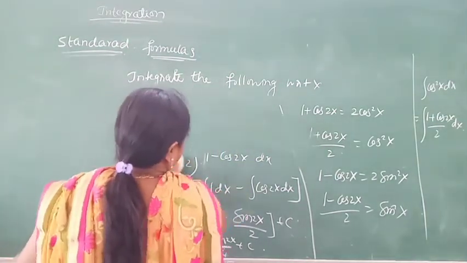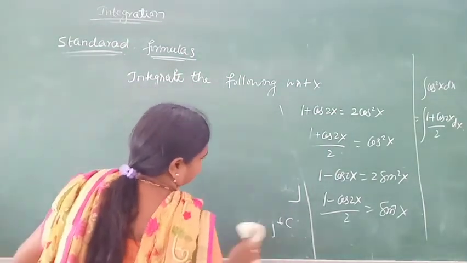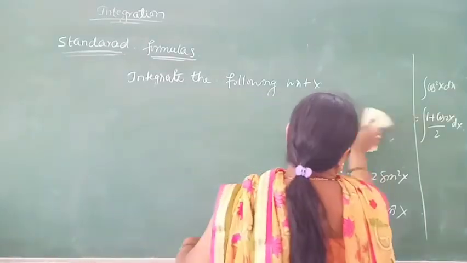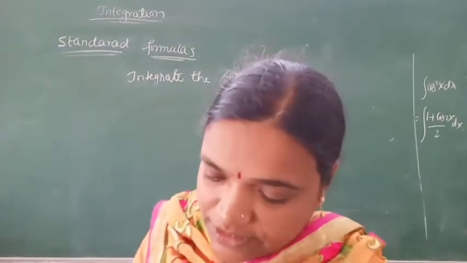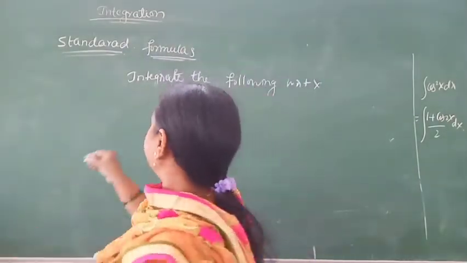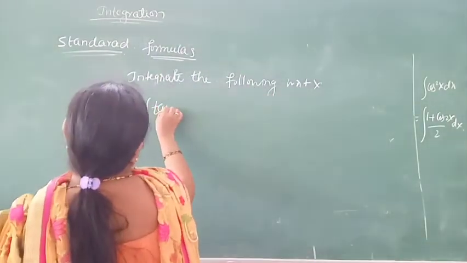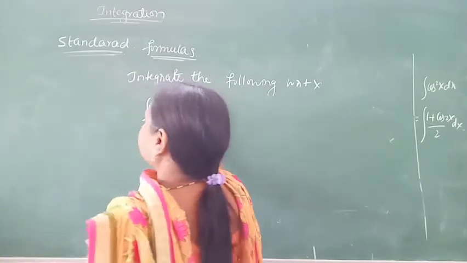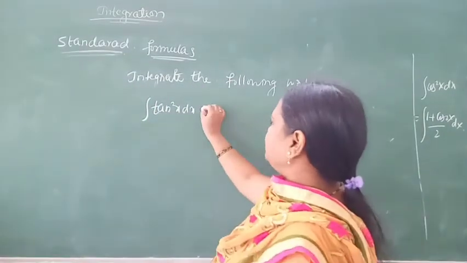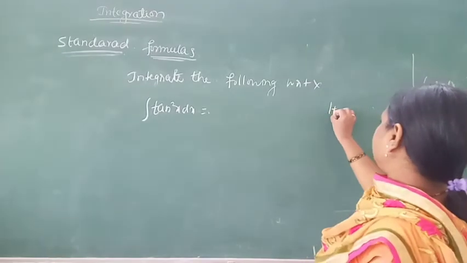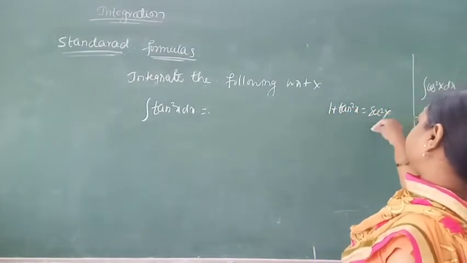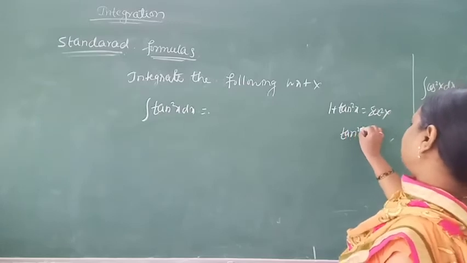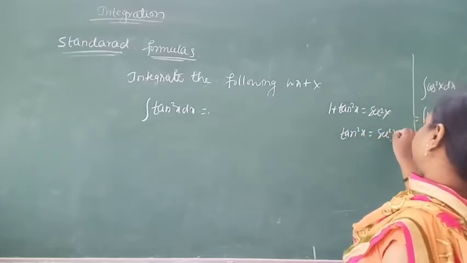Next I will take tan square x. Integration of tan square x dx. See, we don't have a formula, but the 1 plus tan square x formula is there. 1 plus tan square x is secant square x, means tan square x is secant square x minus 1.